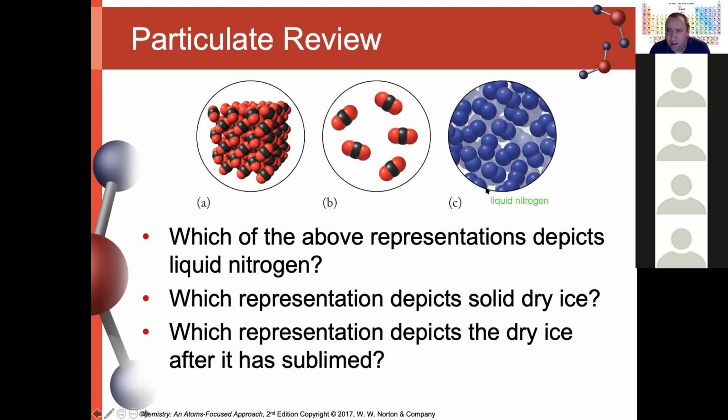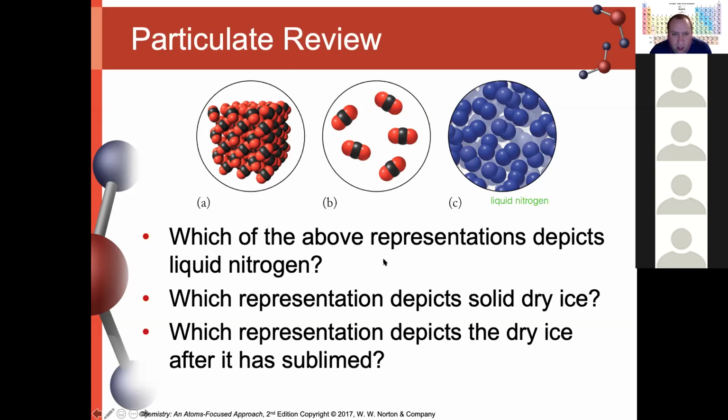The field of nanotechnology is largely based on this. Phosphorus tends to form P4 compounds. Sulfur tends to form 8-membered rings. That's just how they work. So C is our liquid nitrogen.